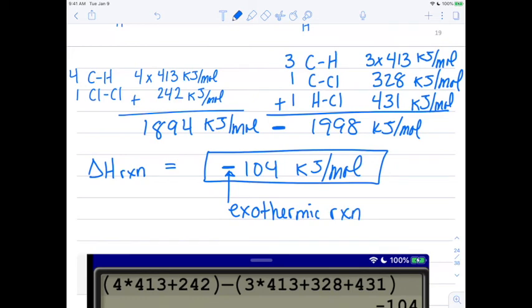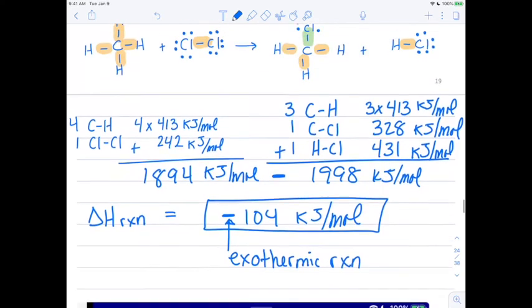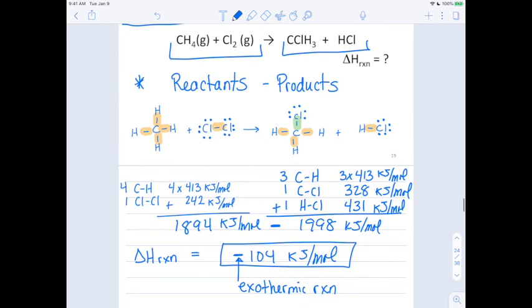So when our reactants become products, for every 1 mole of reaction, we get 104 kilojoules of energy out. So this is just one more way of finding the delta H, the enthalpy of reaction, and the final value that we're getting is the same value we would have gotten from delta H of formation or from Hess's law. So any questions about what we did here or how we did it?